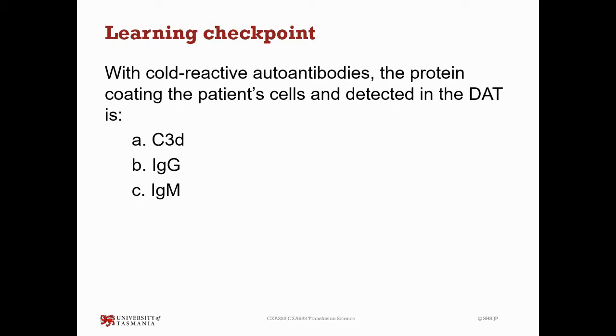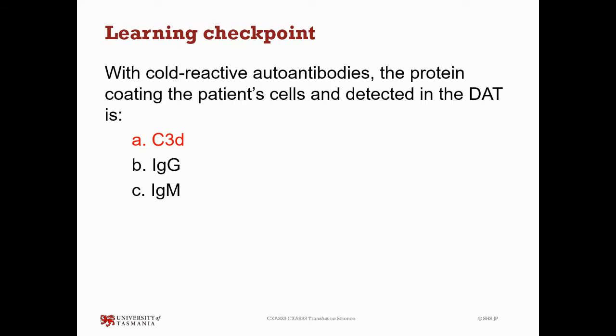So we use our polyspecific anti-human globulin, and then if we get that positive, we then use our monospecific C3d or our IgG. So in fact, what we're detecting on the patient's red cells when we are doing the DAT for somebody who has cold reactive autoantibodies is C3d.